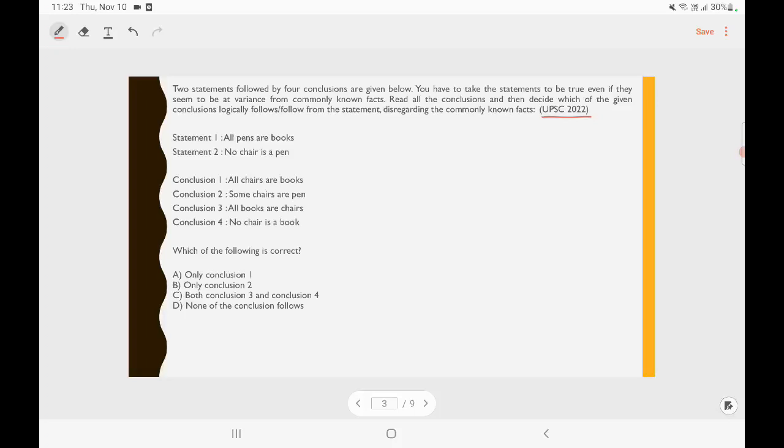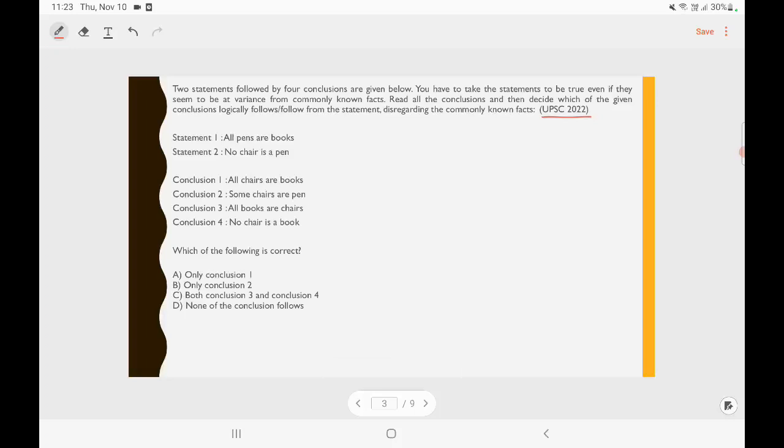According to the commonly known facts, you know that these are wrong, but you should consider them to be true. So I would suggest you not to read these lines and spend your time on them. Just go on and read the statements and the conclusions.